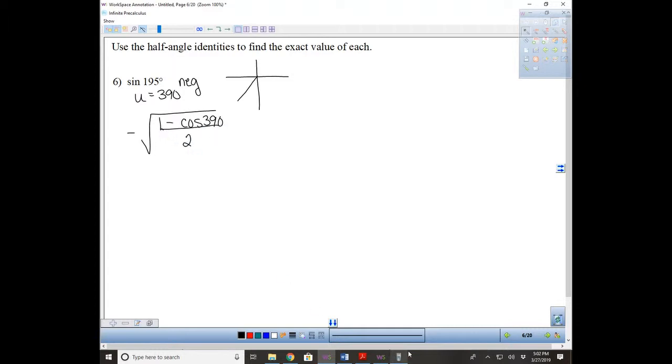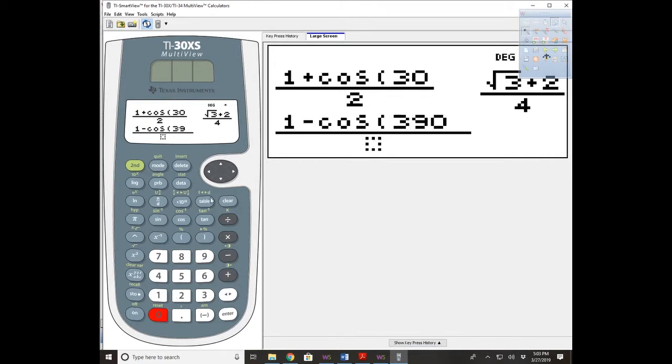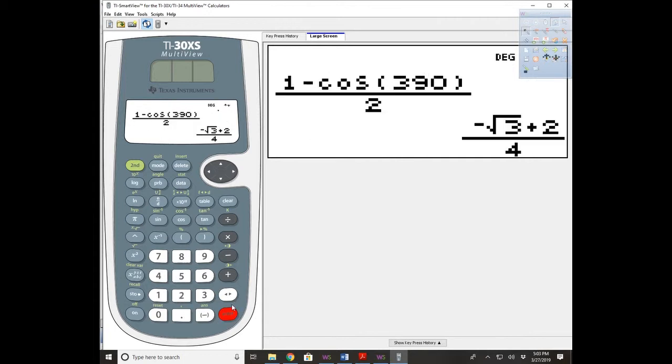And again, we should be able to just plug that directly in, but we'll make sure. So 1 minus cosine of 390 all over 2. We get negative square root of 3 plus 2 over 4.